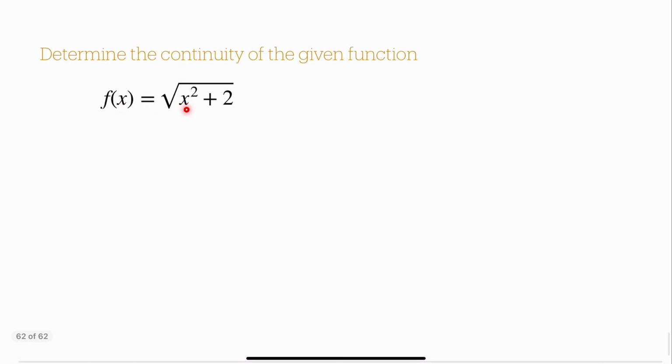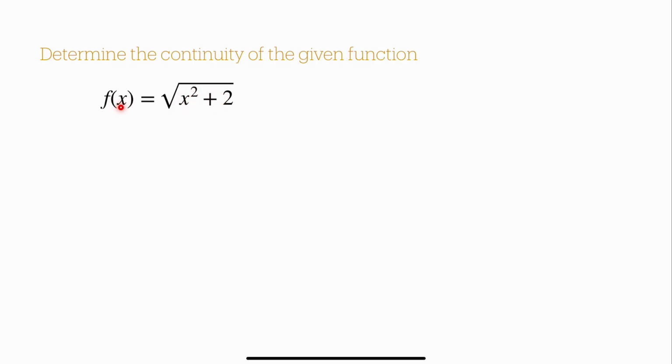Right? So we have f of x equals the square root of x squared plus 2. So we think of a value of x that would make this negative. But whatever negative value of x we choose here, when we raise it to the power of 2, it will always give us a positive answer. And still we add it to 2, meaning the radicand will always be positive.